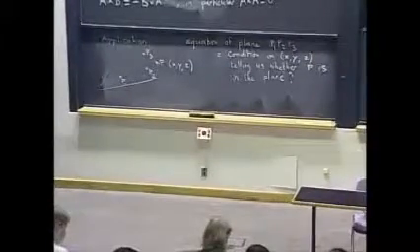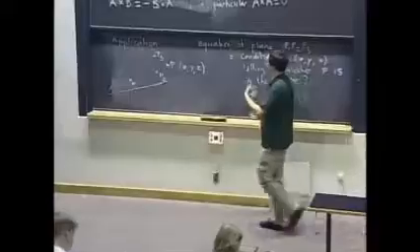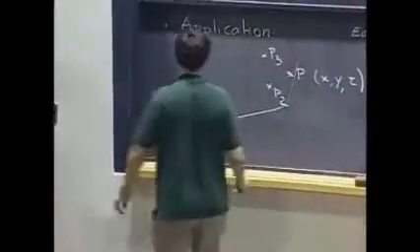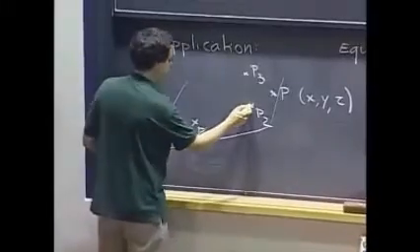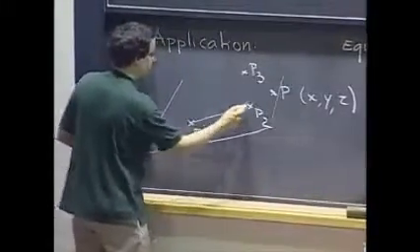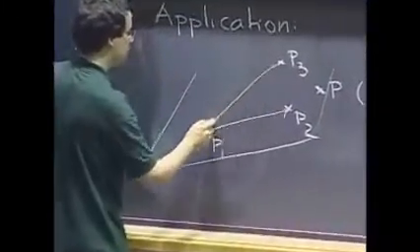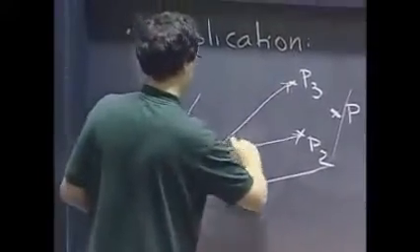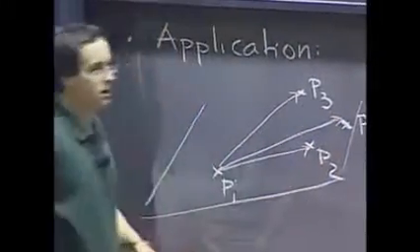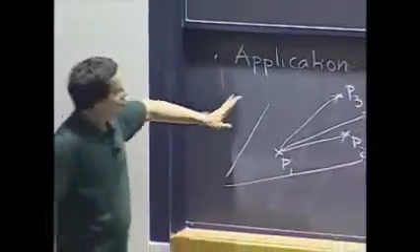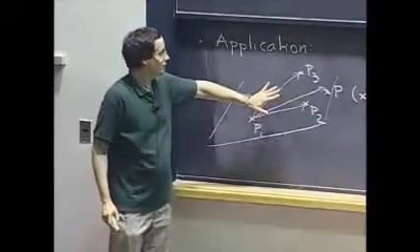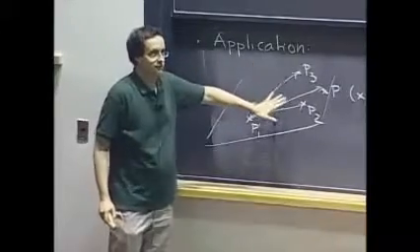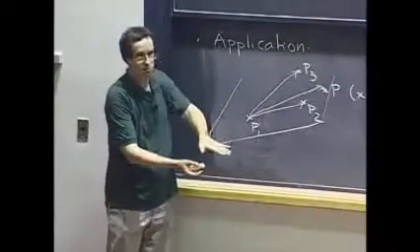For example, let me just backtrack to determinants that we saw last time. One way to think about it is to consider these vectors P1P2, P1P3, and P1P. So the question of whether they're all in the same plane is the same as asking whether the parallelepiped that they form is completely flattened.